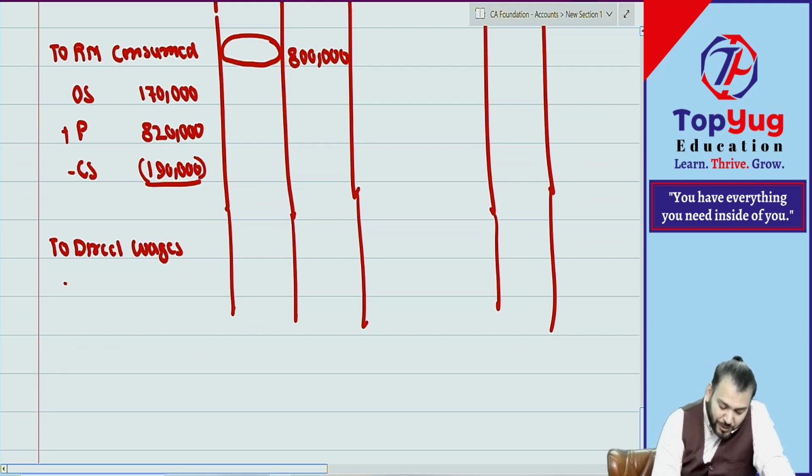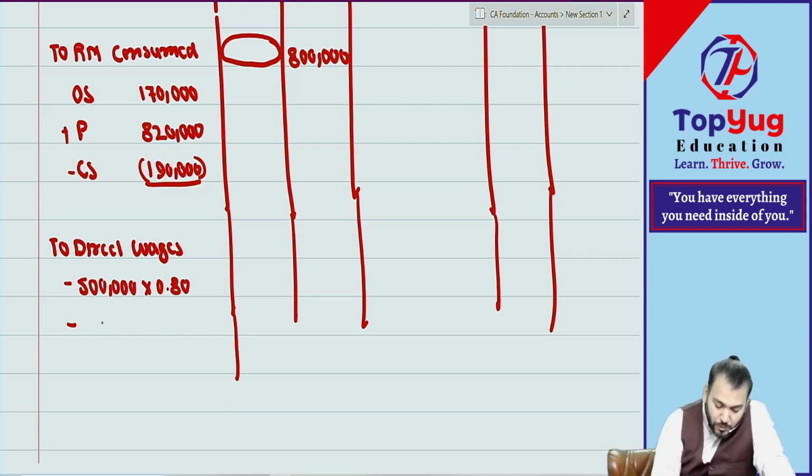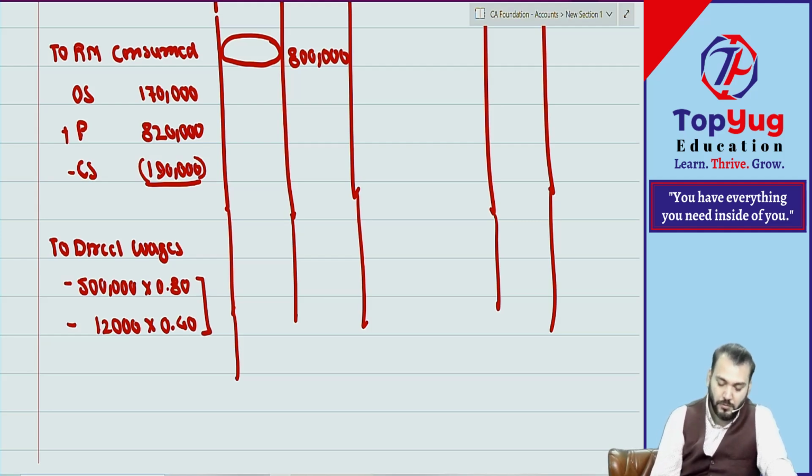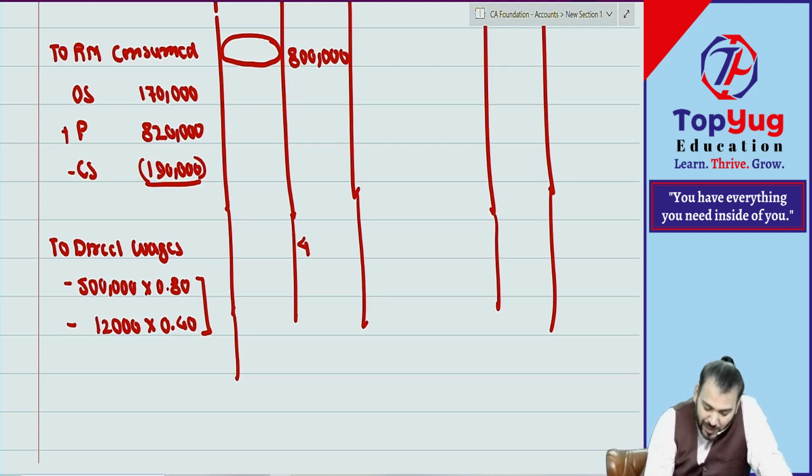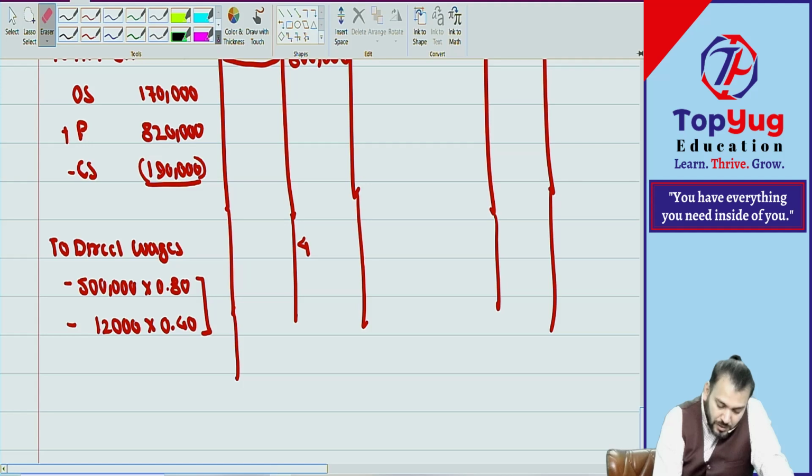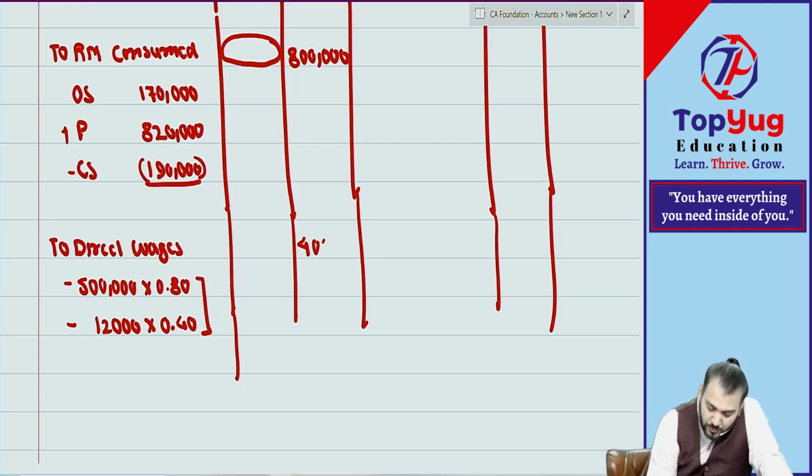Understood? 5 lakh into 0.80 and 12,000 into 0.40. Can you give me the total of this? 4,04,000. Have you understood this calculation?